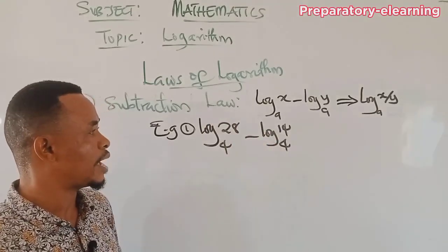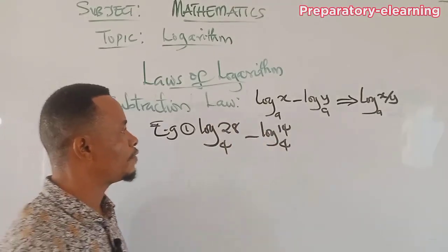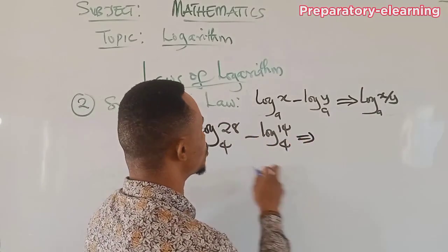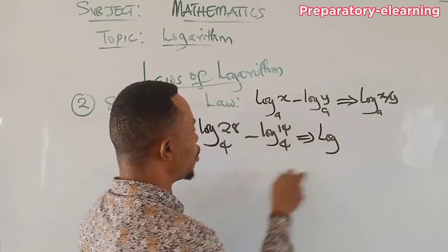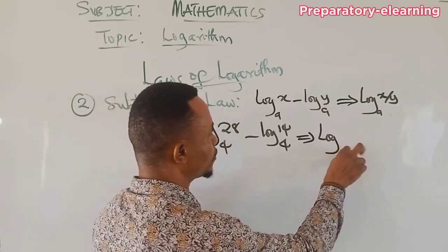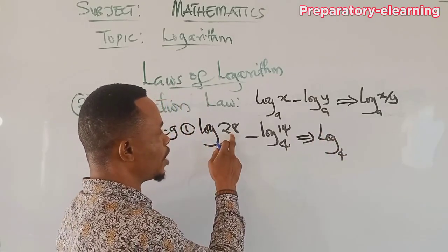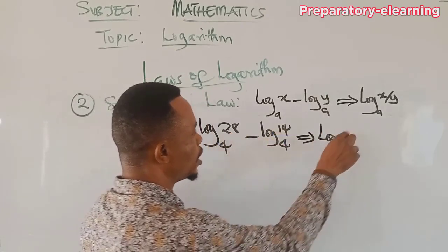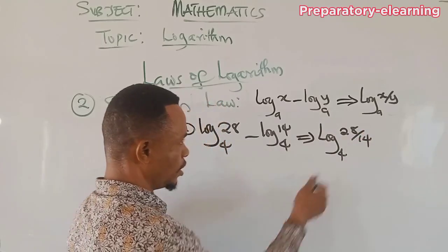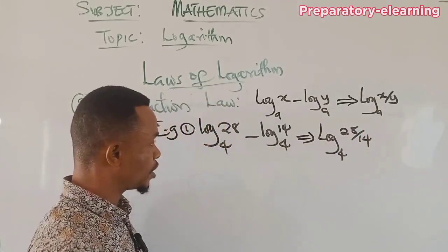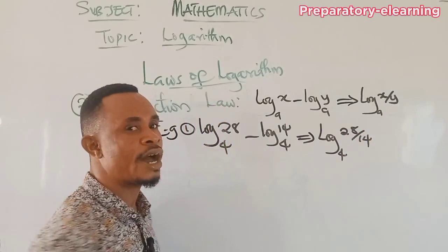Now that the conditions have been met, we apply this to solve. You write one log and pick one of the bases. Now for the numbers you have here, 28 and 14, you divide them: 28 divided by 14. Why division? Because of the subtraction that we have there.